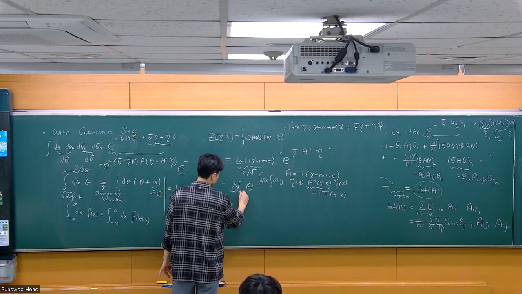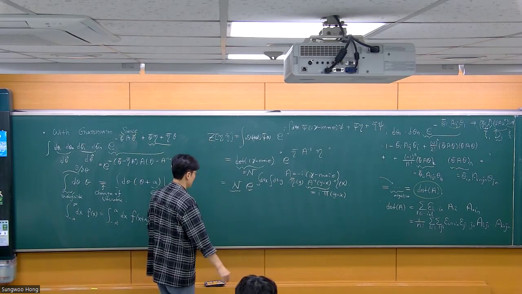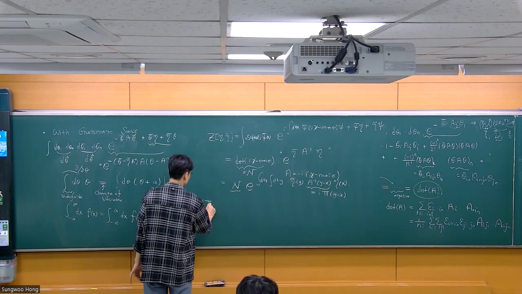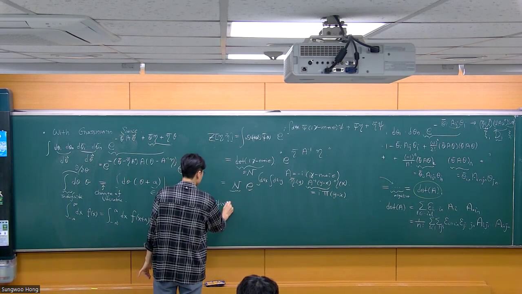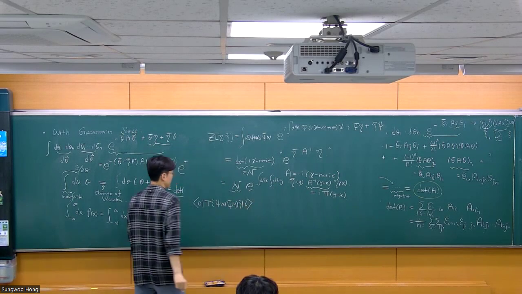Again, how to deal with this part is unclear, you're asking. But for instance, the object that we are interested in, for instance, the time-ordered product, so a two-point function, for instance.